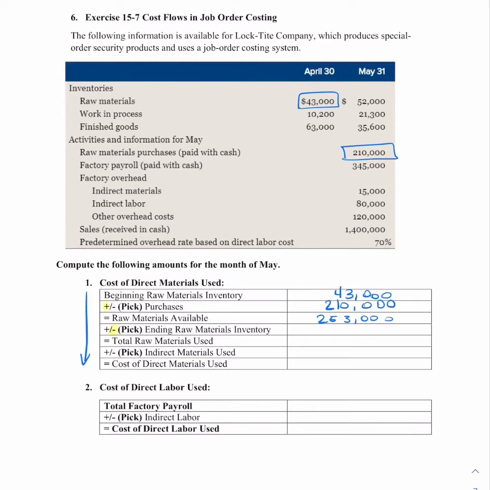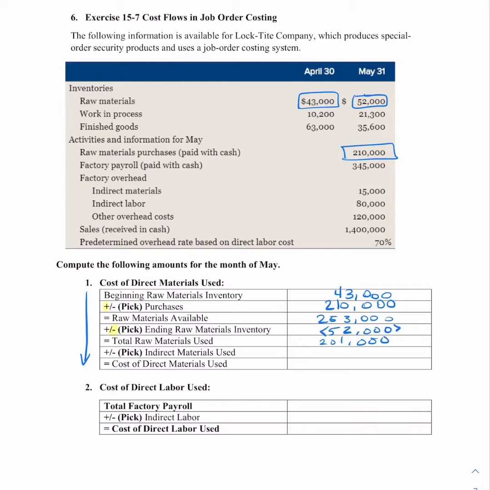That ending raw materials inventory is for $52,000, which gives me total raw materials used of $201,000. So once again, we got the 52,000 right there. So we can see that the raw materials that we had at the end of the period was $52,000.